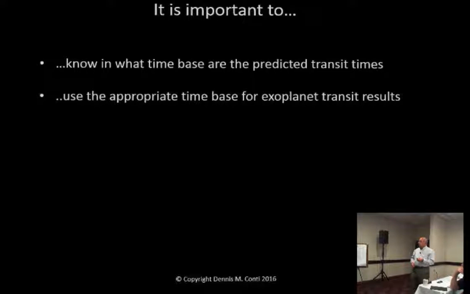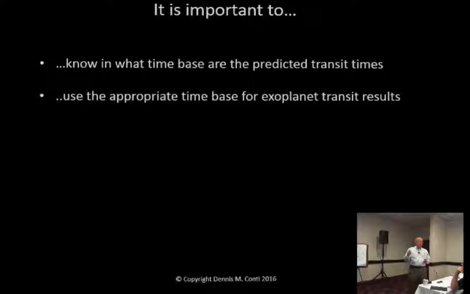Okay, so it's important to know in what time base the predicted transit times are. For example, if I go online and it says Kelt 1 tonight is going to begin transit at this time, and I don't know what that time is based on, I could be off by 8 minutes. Interestingly, when you go back to some of the early discovery papers, they were very lax about defining their time base.